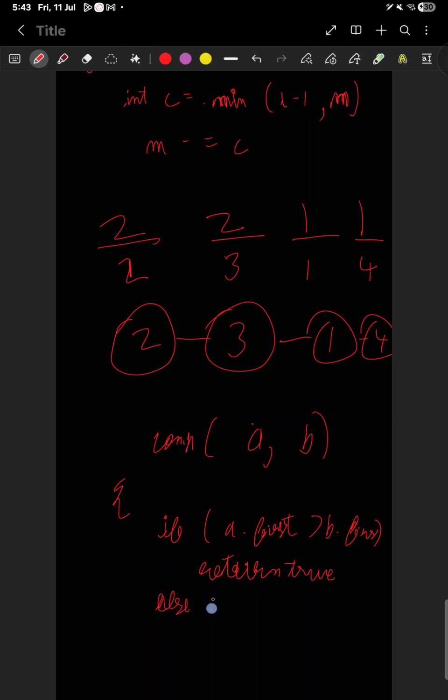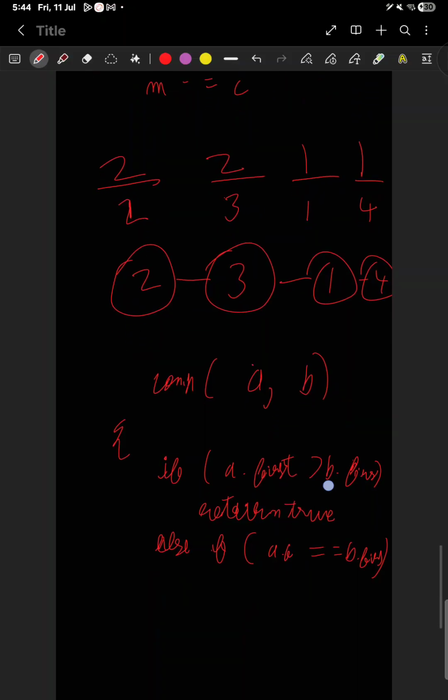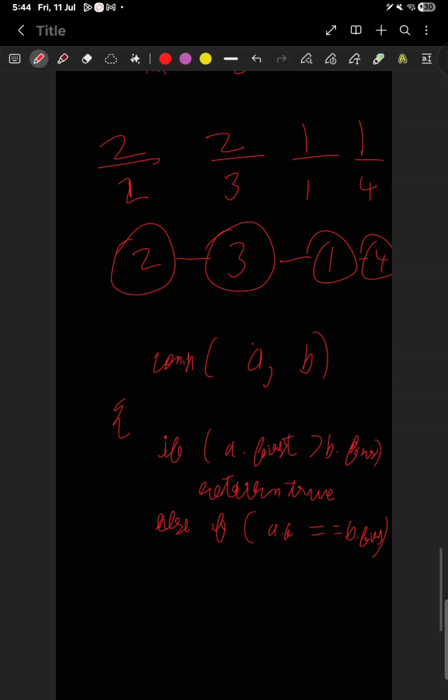Else if A dot first equals B dot first, then we should check the second value of the pair, and if the second value of A is less than that of B, return true.